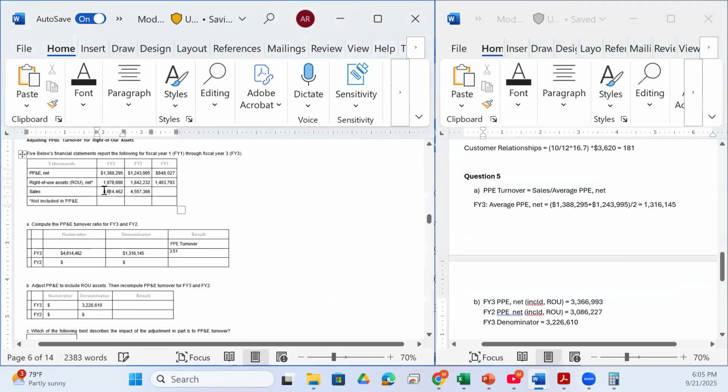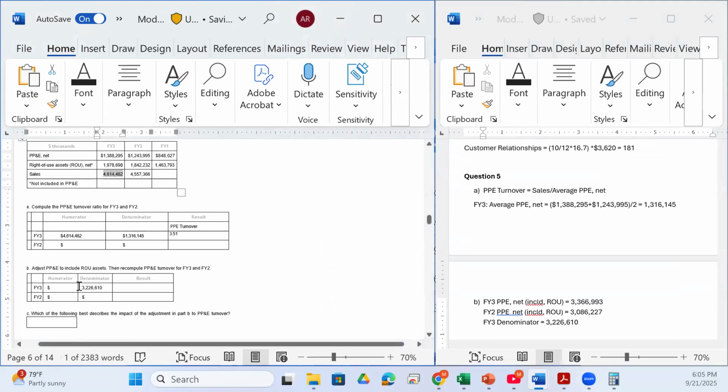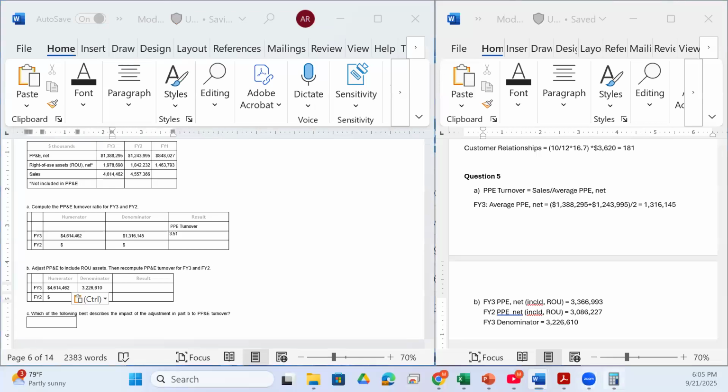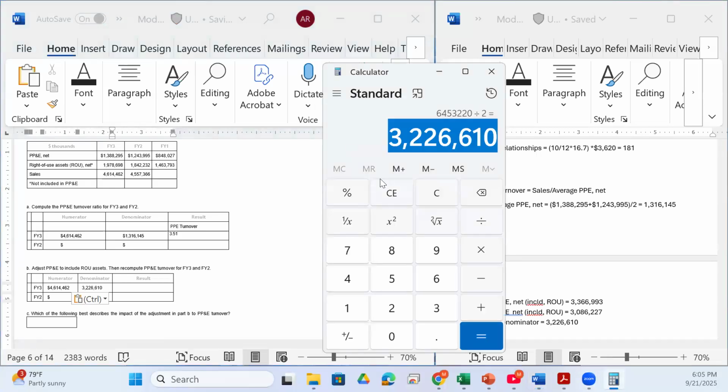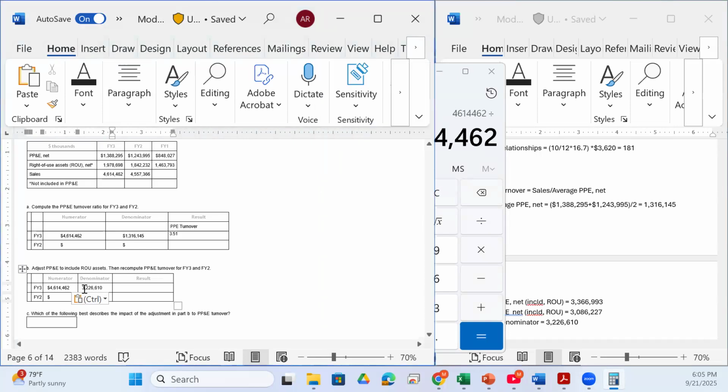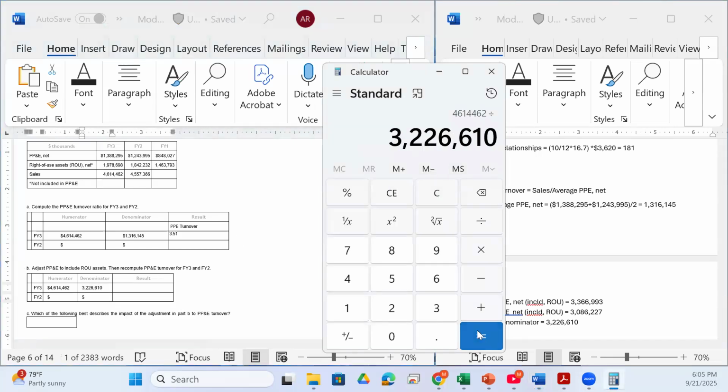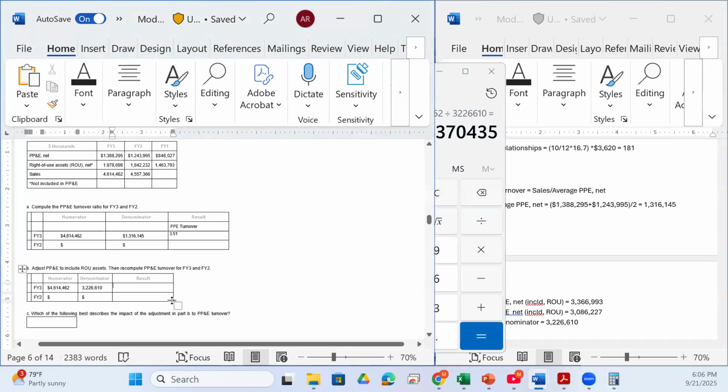So that doesn't change. And then you can find the results here: 1.43.